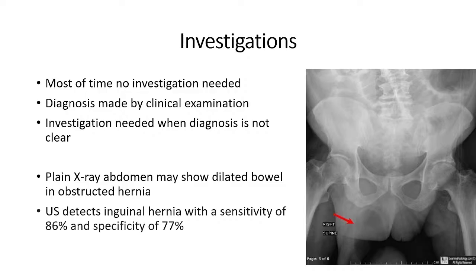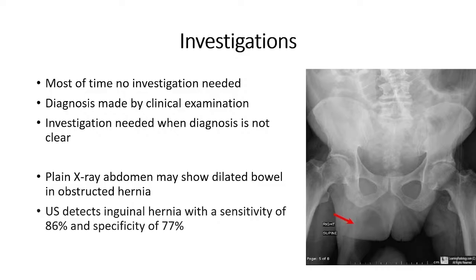The most common investigation is ultrasound done in the standing position, and it has a sensitivity of around 86%. It is a simple investigation done to identify any hernia sac that is not appreciable clinically.